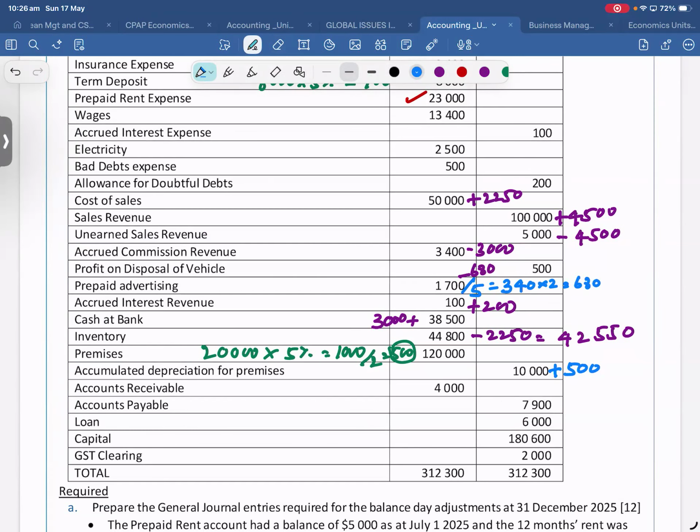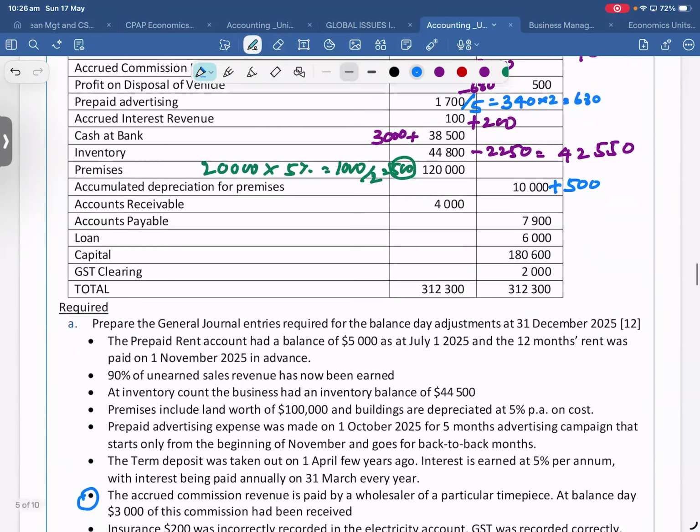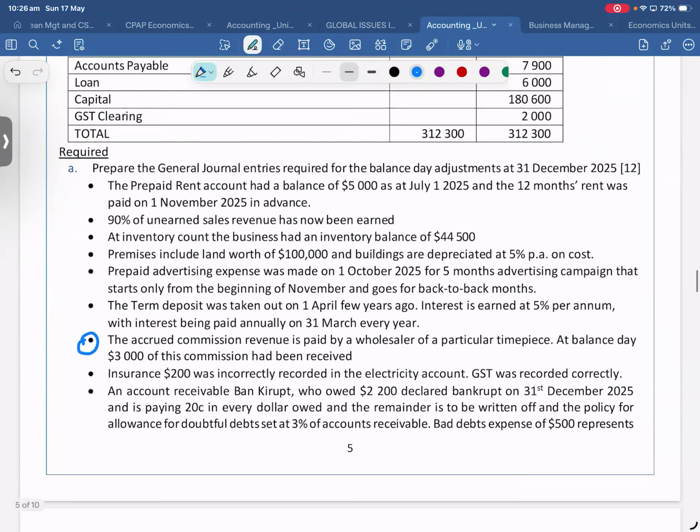Okay, guys, next one. Sorry, before that, we don't have to update anything. Yeah, those ledger accounts are there, so don't worry. Right, next one. Insurance was incorrectly recorded in the electricity account.